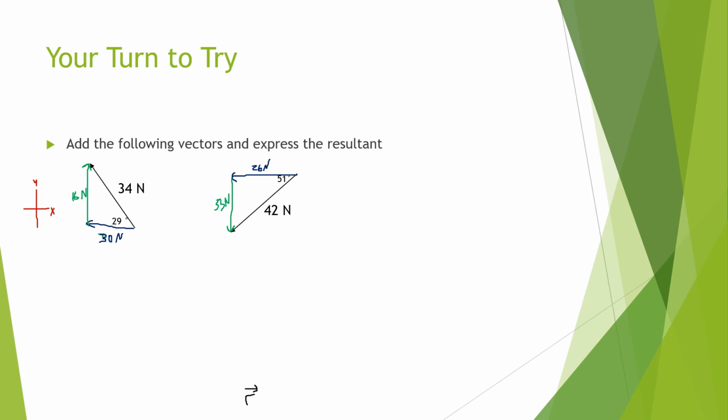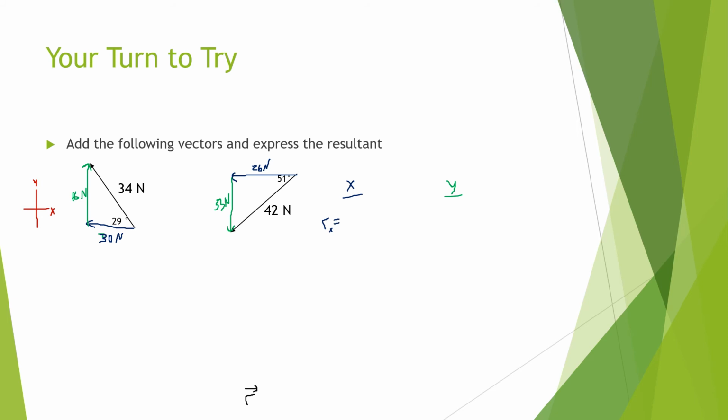Again, I break it into the x and the y because I need to add only those components together to get this to work. We'll start with the x components. So the x component of the resultant, and I can start with either of them. I have a 30 Newton component in the left one.